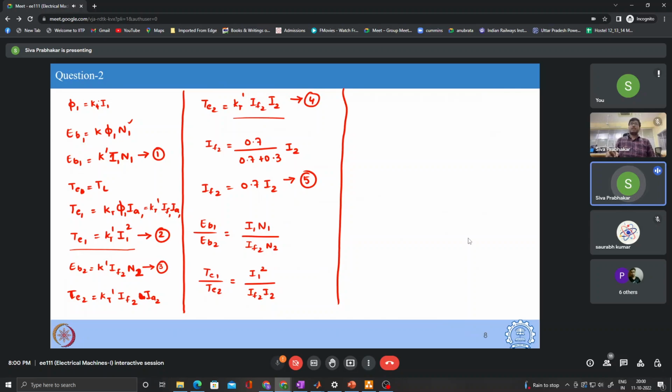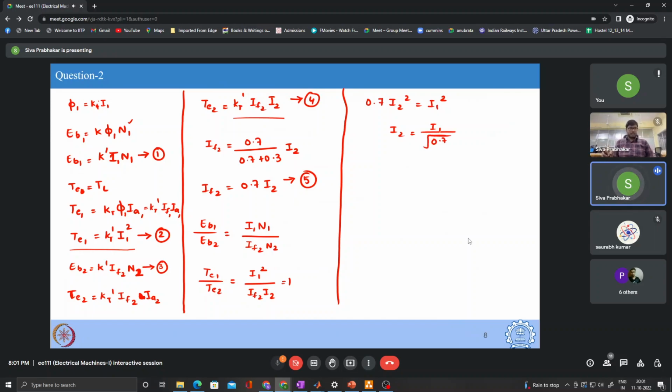We have already got IF2 equal to 0.7 into I2. It is given that the load torque is constant, so the ratio is equal to 1. So you get 0.7 I2 square equal to I1 square. So I2 is nothing but I1 by 0.7. Good.